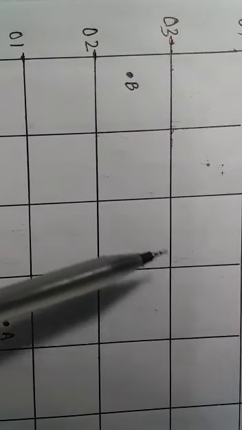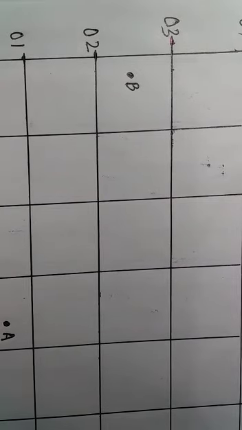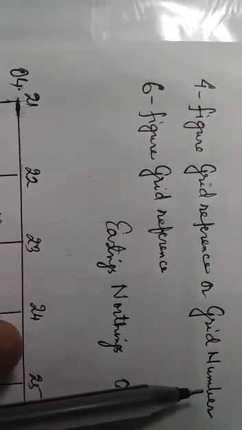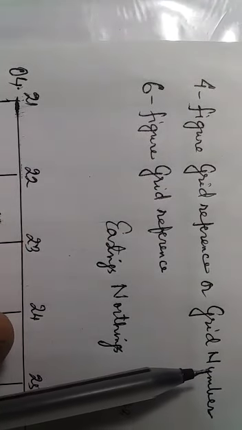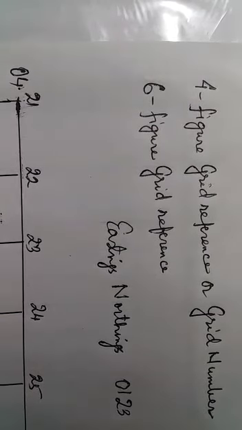And the intersection of these lines has formed what? These are called grid squares. Each of these grid squares will have its own identification number, and this is what we call the 4-figure grid reference or grid number. If you refer to page 13 of your book, you can see 4-figure grid reference.